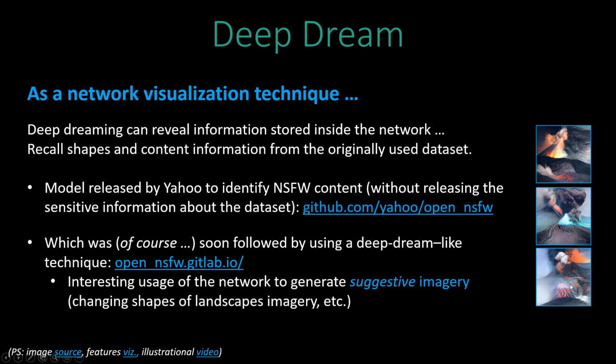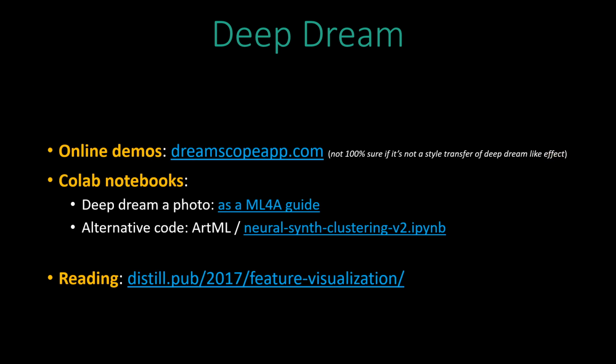So these were some safe for work examples. There is more there to check, but I don't think I can put that on screen, I guess. But it's still relatively safe for work, as bonus information. Okay. So in comparison with the previous methods, I was not able to find a fully working online demo.